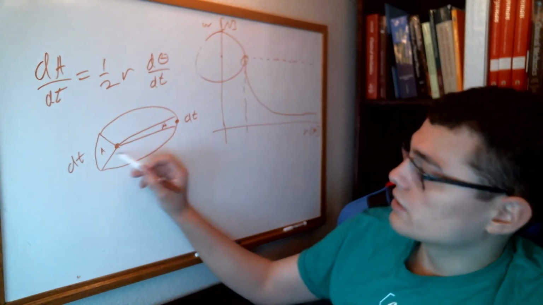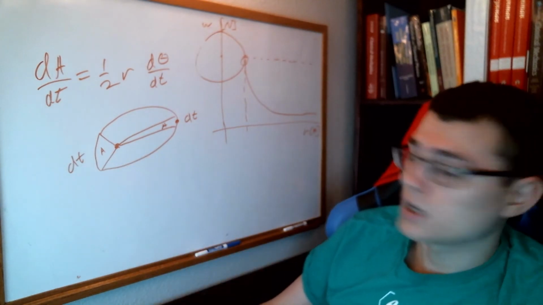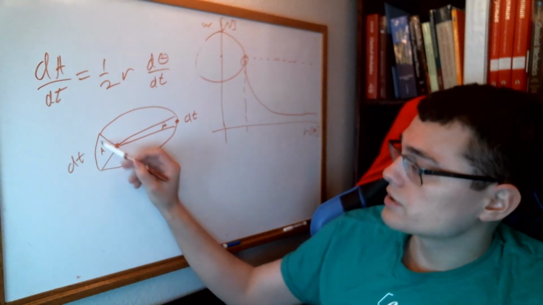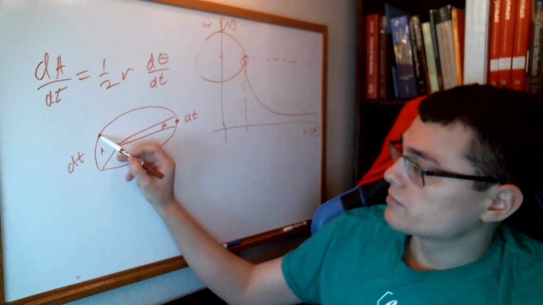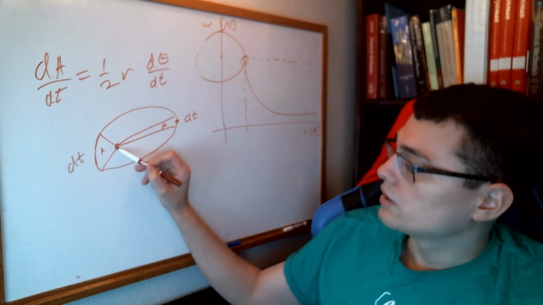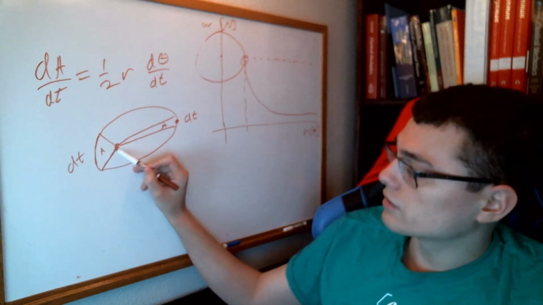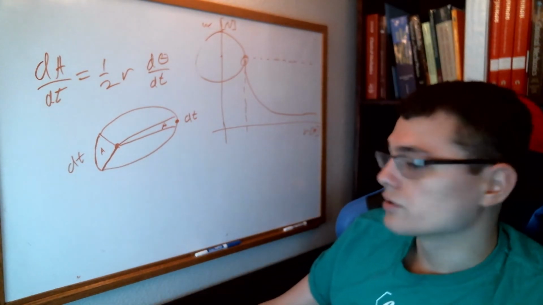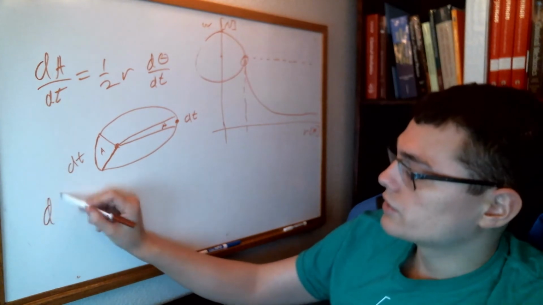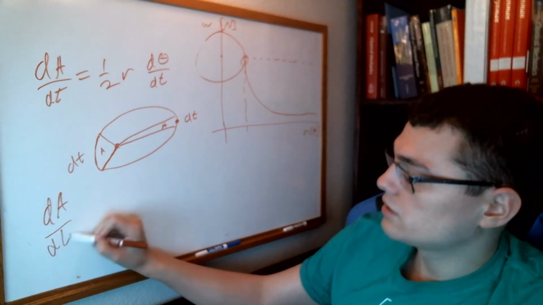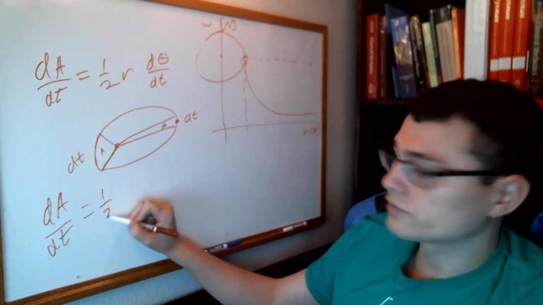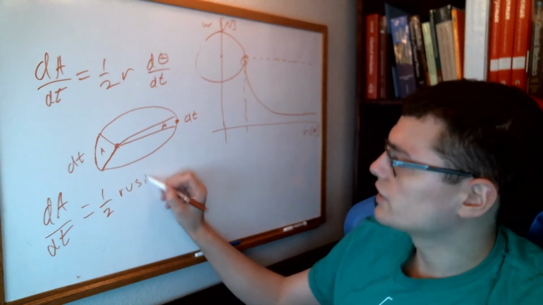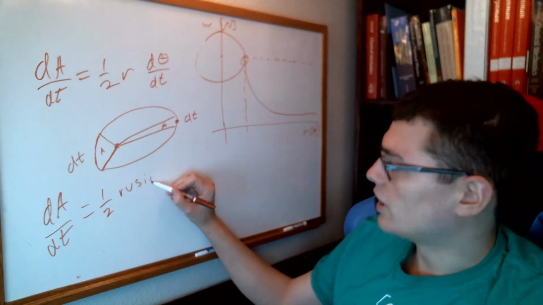But this area here is going to be the same as this large area, because the arc length here is a bit longer, but the radius to that arc length is shorter. Another thing we can say is that dA/dt in this case is going to be 1/2 r v sin θ, or sin φ.